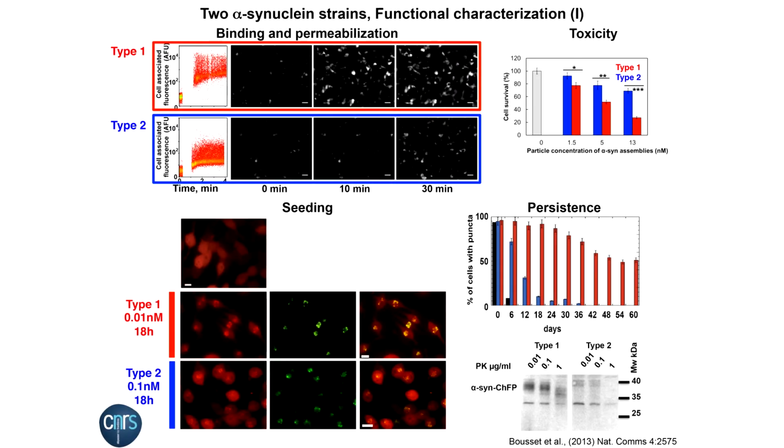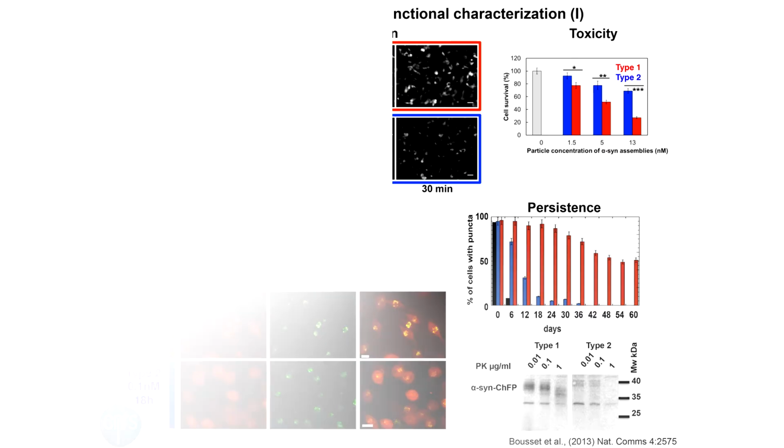But the most important thing is that if you now look at the resistance to proteolysis of the endogenous protein, so it doesn't have a molecular weight of 15 because it's fused to cherry FP, you can see that the fibrils are generating aggregates within the cells that resist proteinase K, while ribbons are not. Meaning that the exogenous fibrils are sort of imprinting their own structure to the endogenous protein.